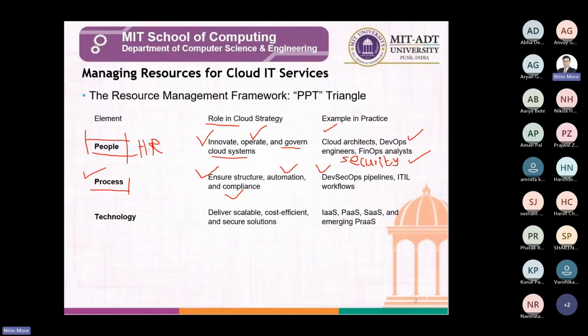We have examples in practice, like a properly implemented development security operations pipeline that will help achieve security. We have ITIL workflows which take care of whether all the processes are properly implemented or not. Maybe we have development operations, development security operations, and infrastructure as code, which will help us in automation.